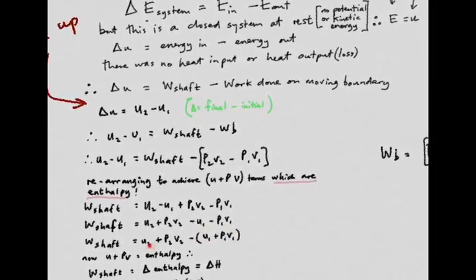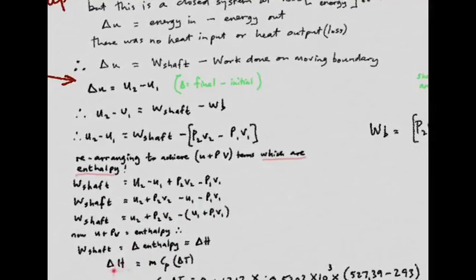And because we've got 2's here and 1's over here, it is suggesting change, because this is after minus before, which is change. So if these are both enthalpy terms and we're looking at change, we have change in enthalpy.